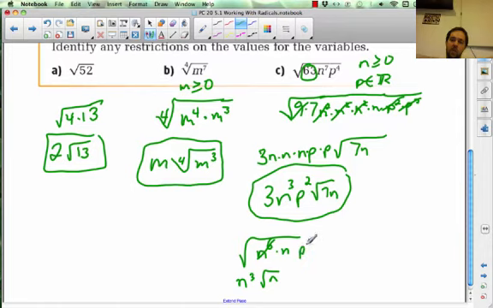Similarly with p to the 4th, it comes out as p squared, and there would be nothing left there. Okay, so that's a quicker way of doing this, but if you can't see it, don't stress about it. This way will always get you to where you need to be.